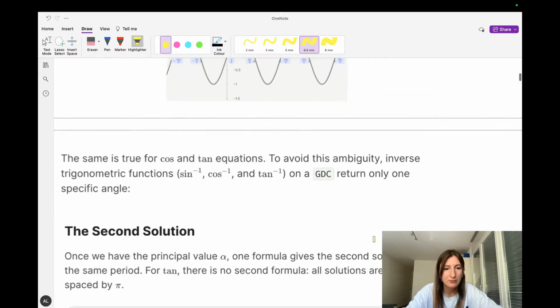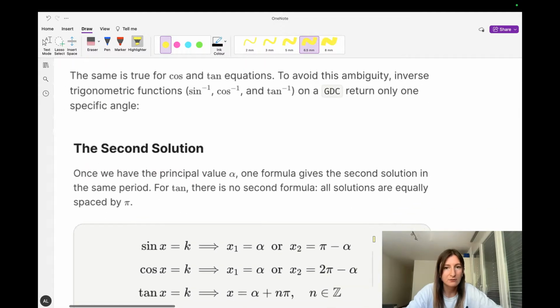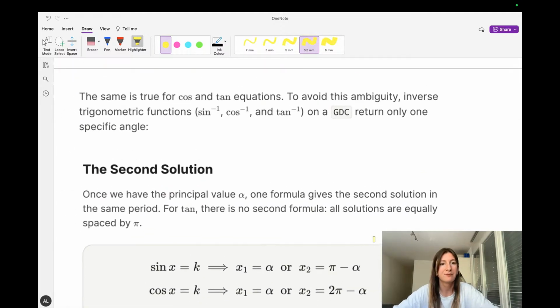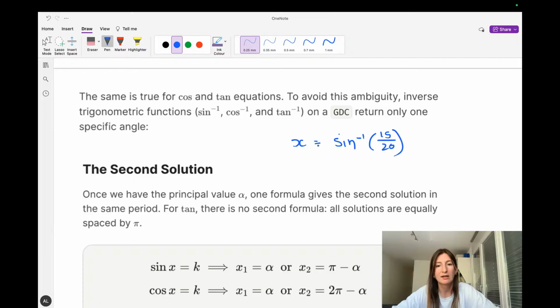All right, so to start with, very important. When you do sine minus 1 on your calculator, let's say you're trying to find an angle. So you have x equals sine minus 1 of, I don't know, 15 over 20. Let's say you get something like that.